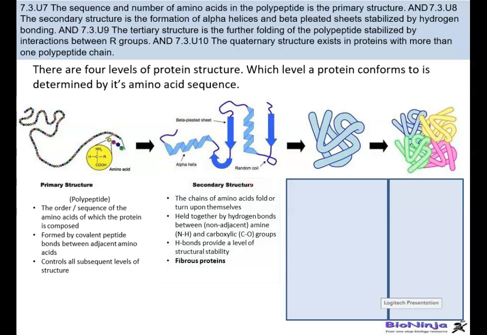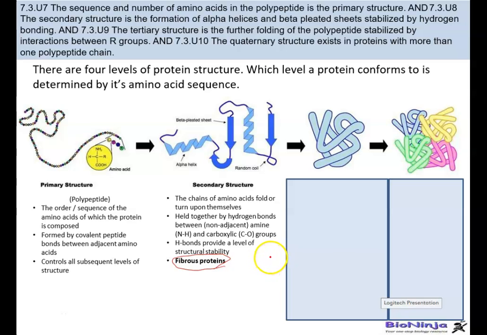In the secondary structure, the chain of amino acids folds or turns upon itself. They are held together by hydrogen bonds, and the hydrogen bonds have an important role in making this structure. There are some examples of proteins that only have up to the secondary structure, like fibrous proteins.